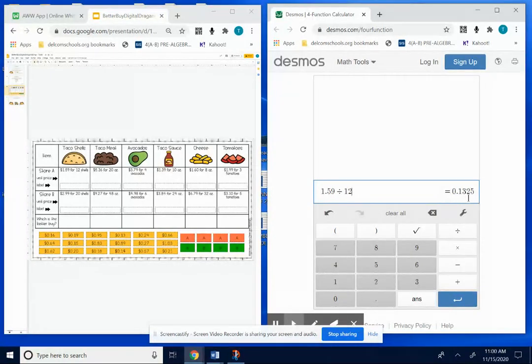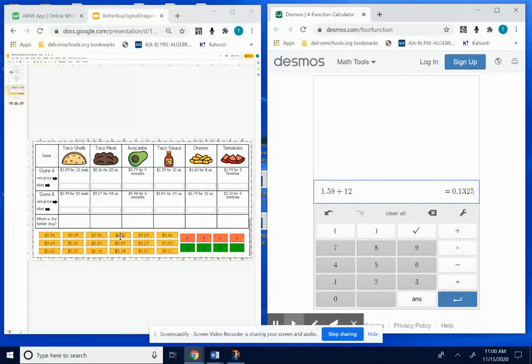So the next number over from your 3, your penny position, is a 2. That's less than 5. So you keep it at 13. We're going to leave it at 13. If that number after the 3 would have been 5 or bigger, you would have rounded up to 14. But 13. So that means if it's $1.59 for 12 shells, it's 13 cents for one shell.